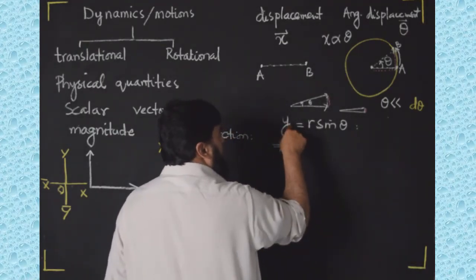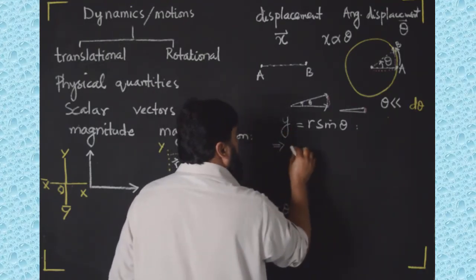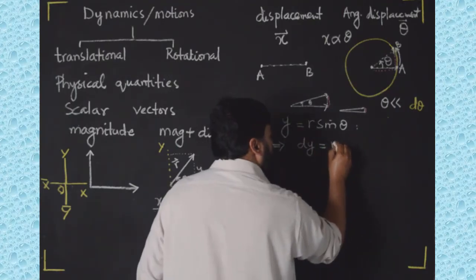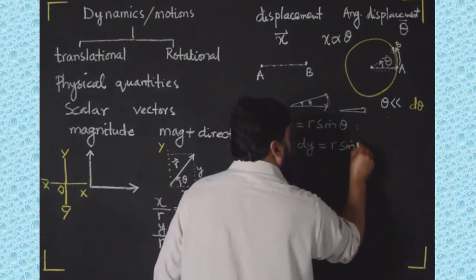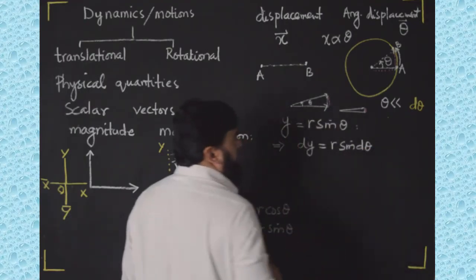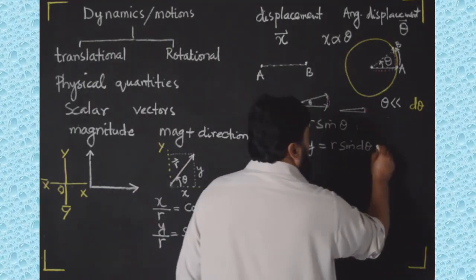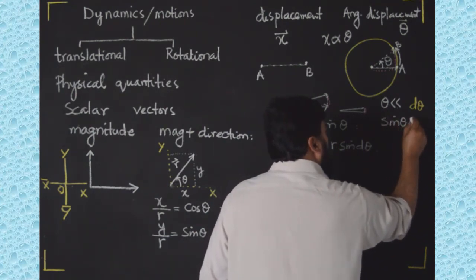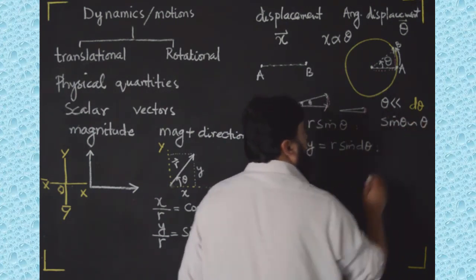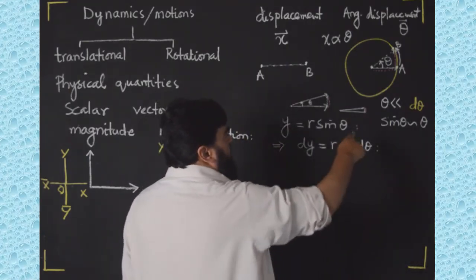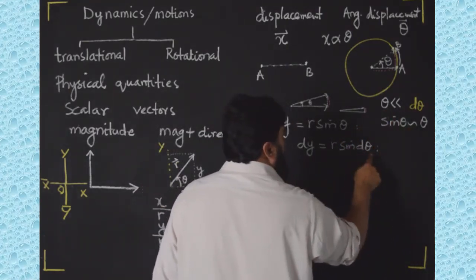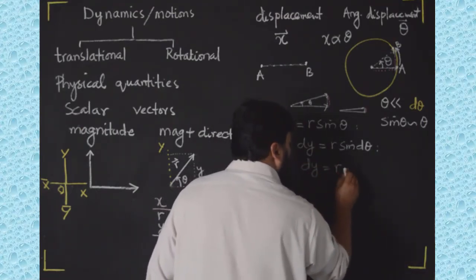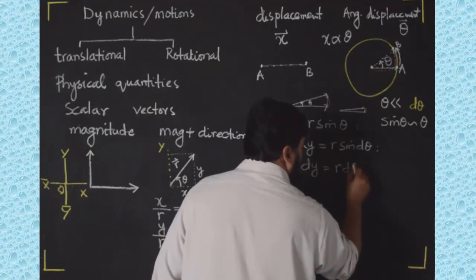The perpendicular length will be dy, equal to r sine d theta. Now I know that when theta is very small, sine of theta is approximated as theta. Like sine of d theta is approximately d theta, so I can say that dy is r d theta.